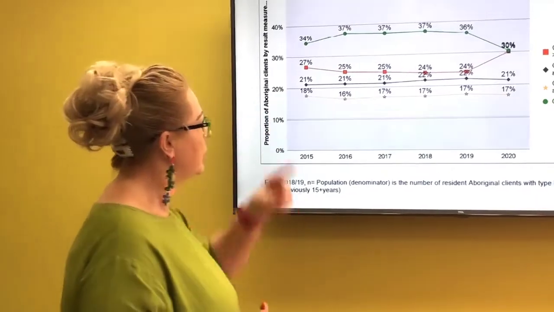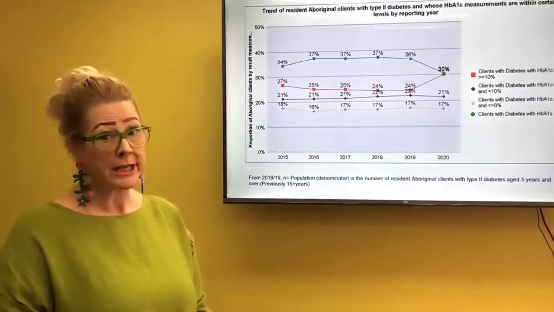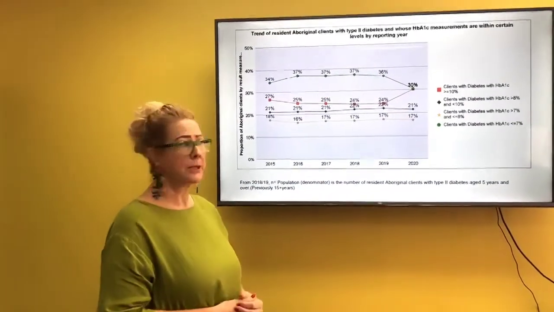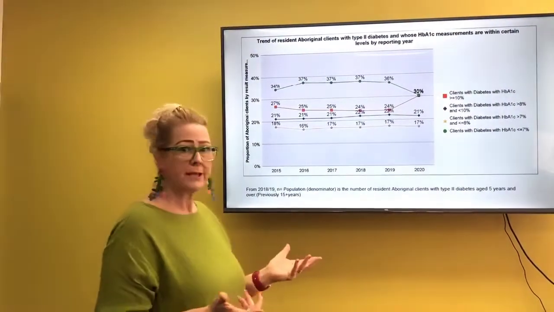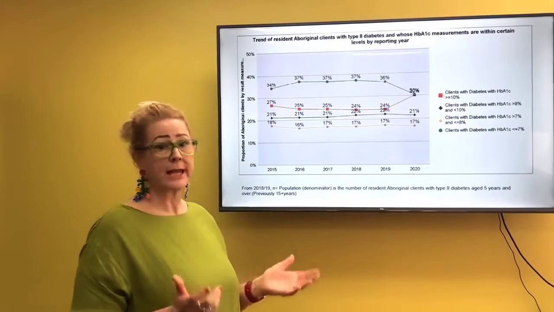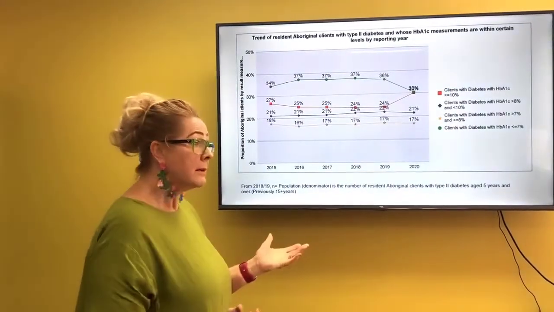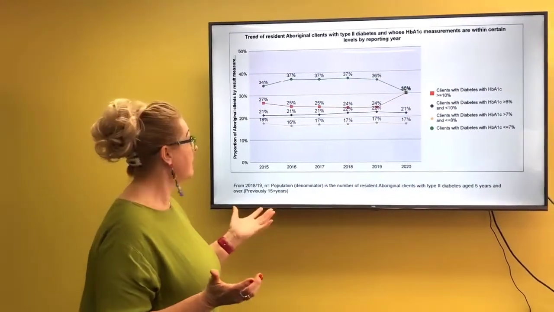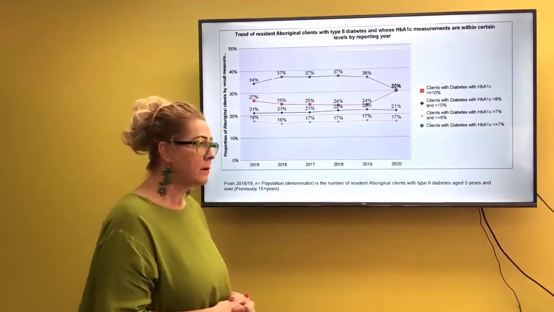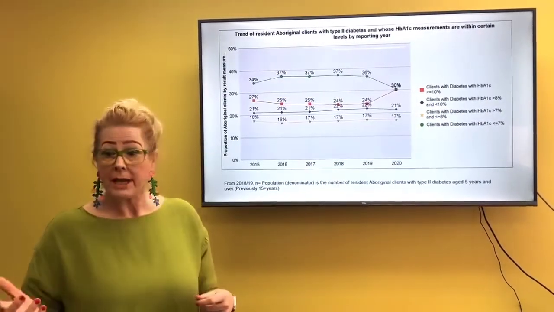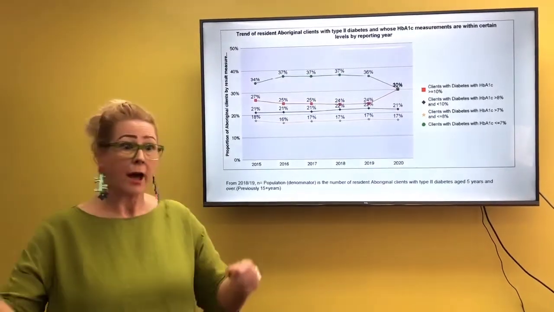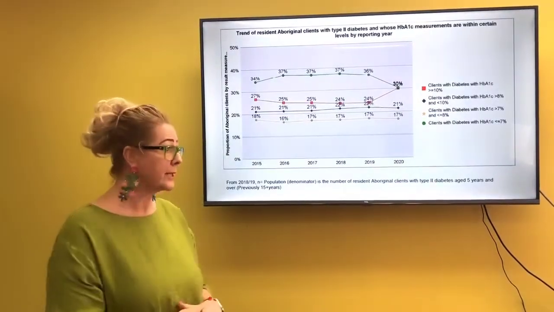So, if we were to look at these graphs and we saw certain decreases and increases in measurements, you might want to ask questions and discuss why have these changes taken place over the years? Why do you think the HbA1c greater than 10 increased? Was there an increase of population? Was there more measuring? Has the population moved from town out to the community or vice versa?